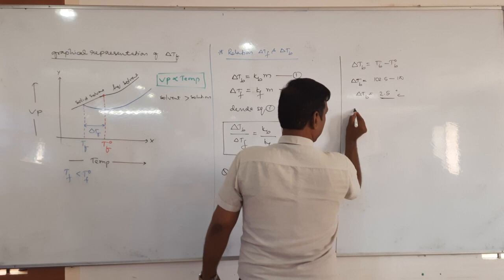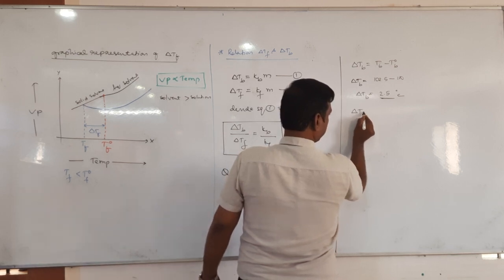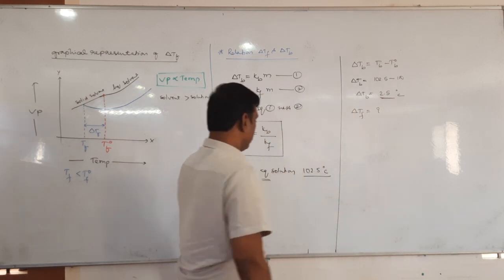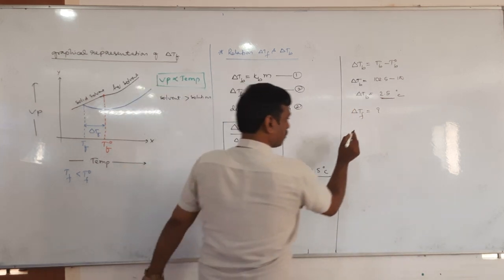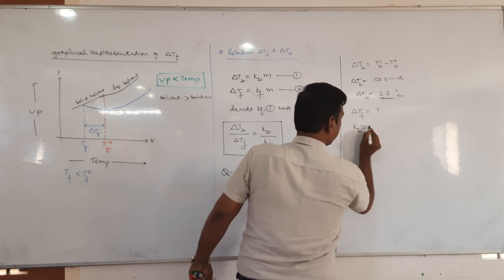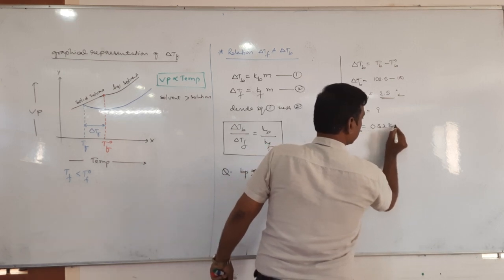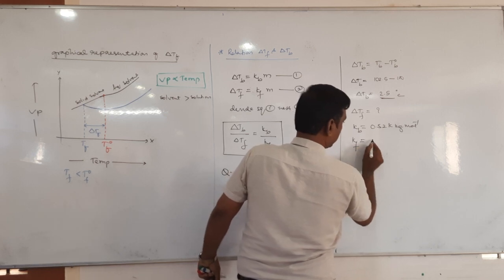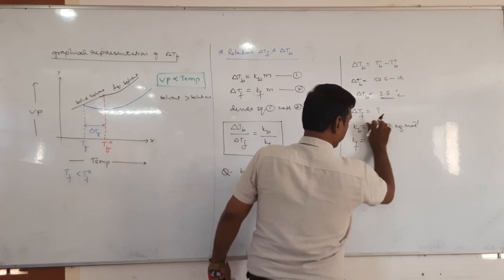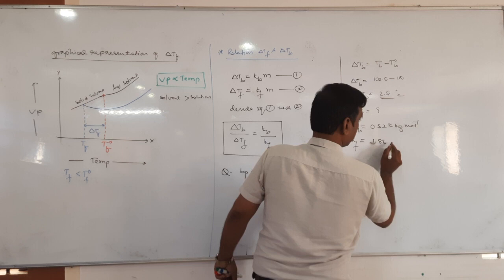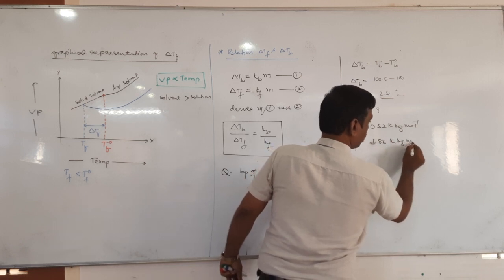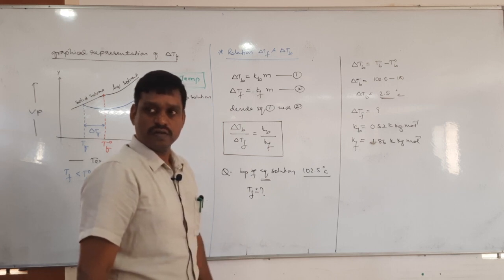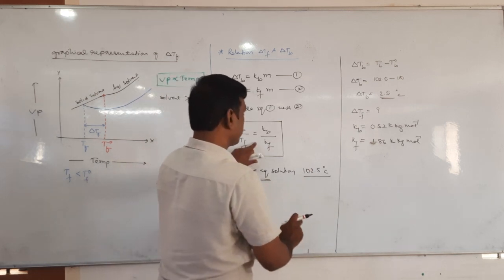Next, we need to calculate delta TF. What about KB and KF? As we discussed, KB equals 0.52 Kelvin kg per mole, which you have to remember, and KF is 1.86 for water, Kelvin kg per mole. These values you have to remember. Now substitute in this equation.